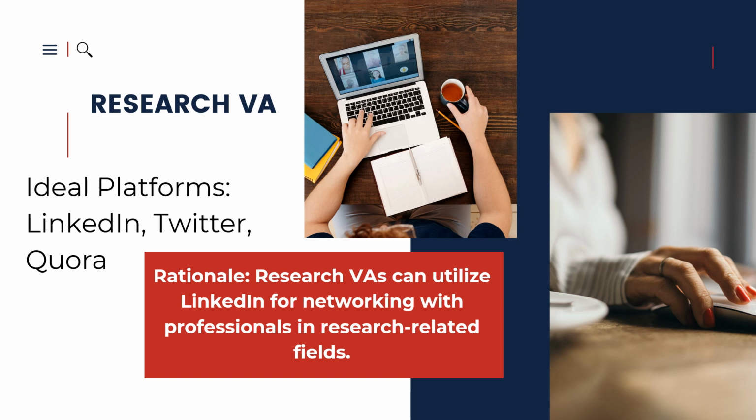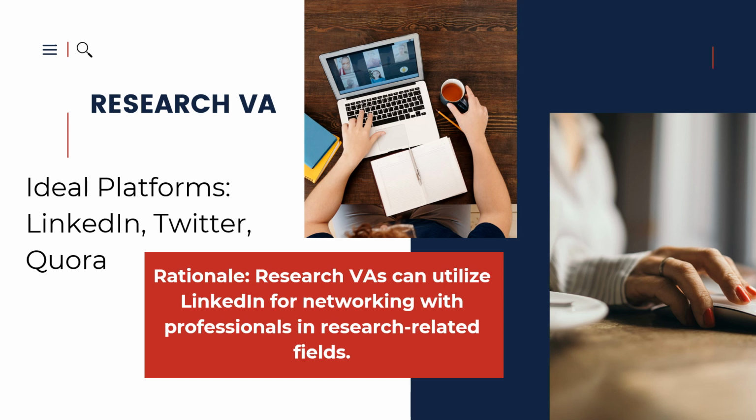Now, as a research VA, for example, I am a doctor and I need a VA. If I go to Quora or Reddit, I would choose from any of the categories related to medicine. For me as a content writer, I can write articles for makeup, for skin products, IT services.